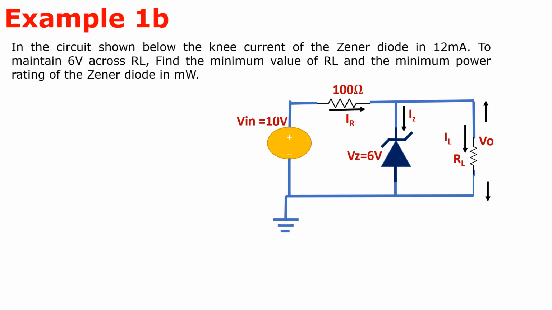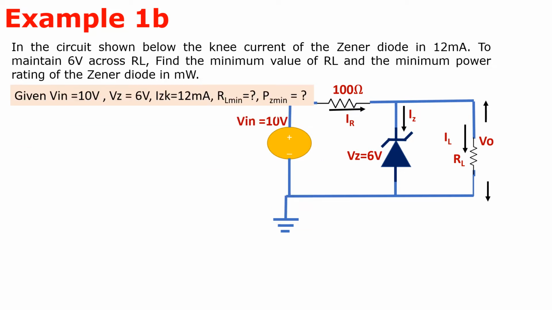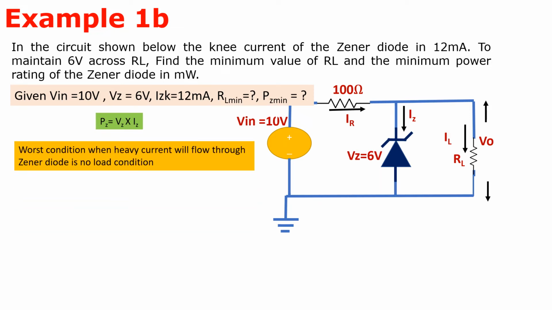For the second part of this question, we need to find out the minimum power rating of the Zener diode. So again we will consider the given parameters. We will use the relation P is equal to VI, as we want to calculate the power rating of the Zener diode. So we will take Pz equals Vz into Iz, and to get this minimum power rating we will consider the worst condition.